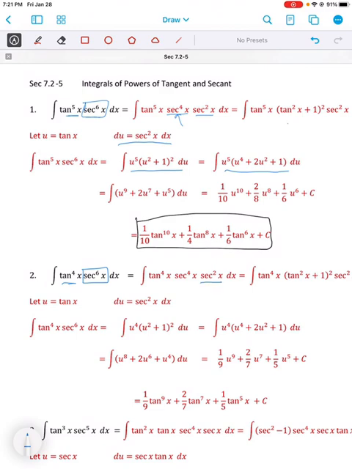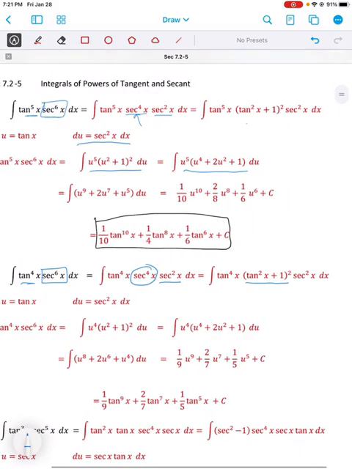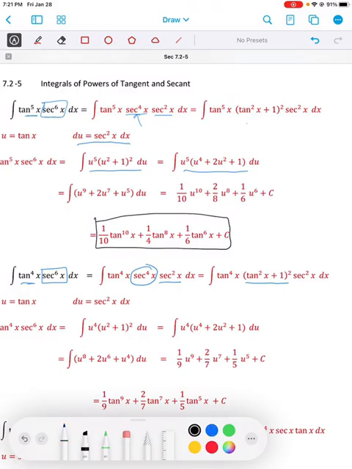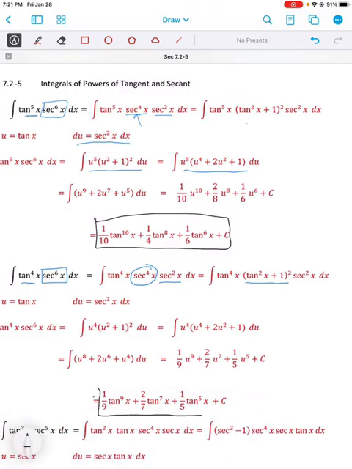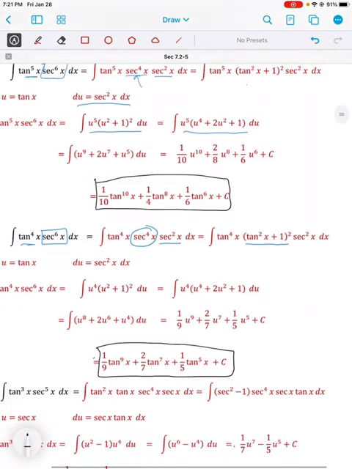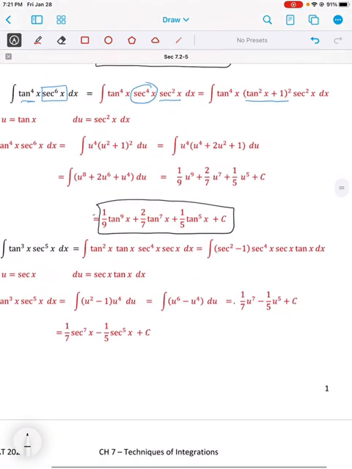Separate one secant square and then convert the rest of the secants into powers of tangent by using the Pythagorean identity, and then use the substitution u equals tangent x, du will be secant square x dx, replace, and then eventually we end up with powers of tangent in our answer, and that's what the answer looks like in this case.